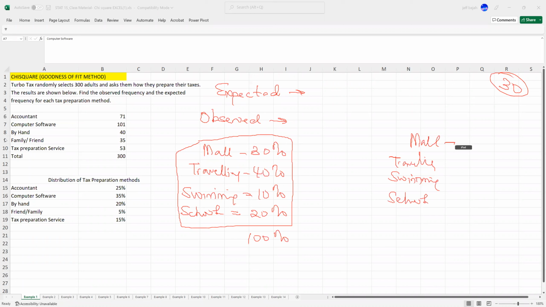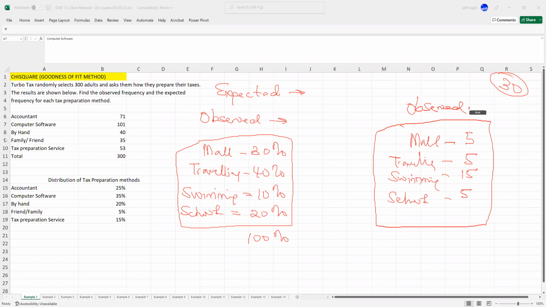And so let's say, for example, 5 say they love to go to the mall. Let's say 5 say they like traveling, 15 like swimming, and then 5 say they love school. This is a sample, basically. And so this result is called observed.